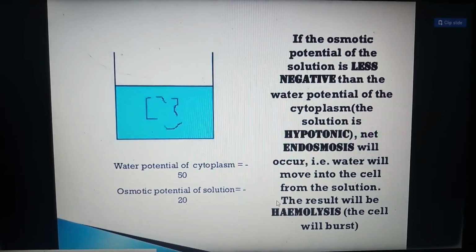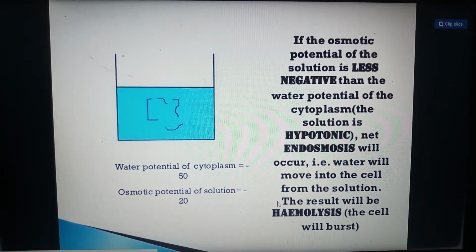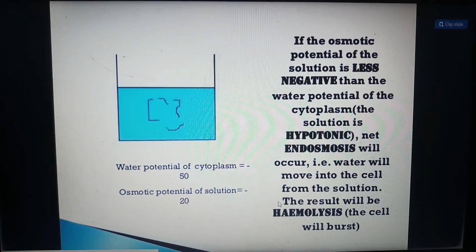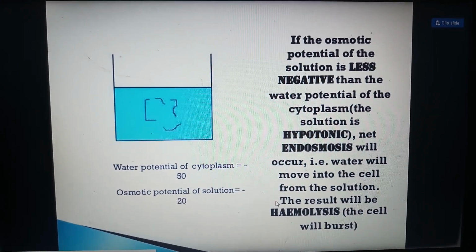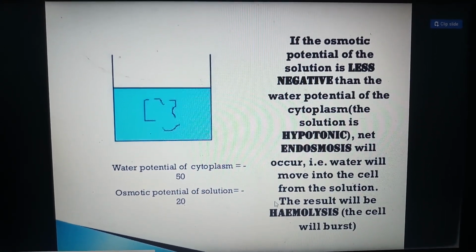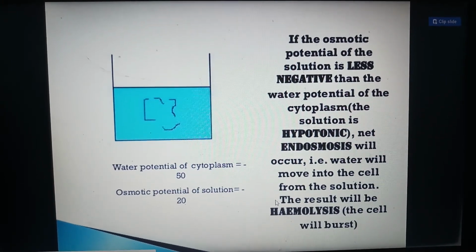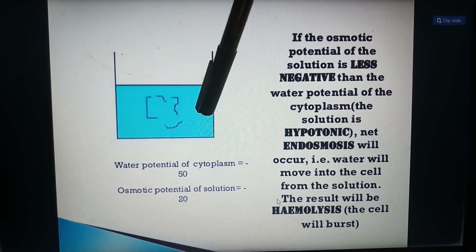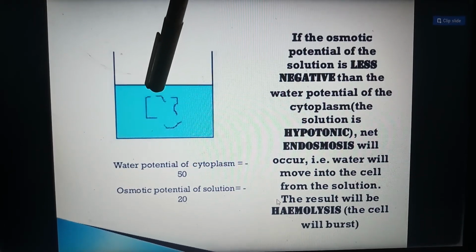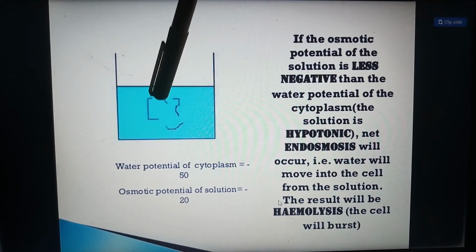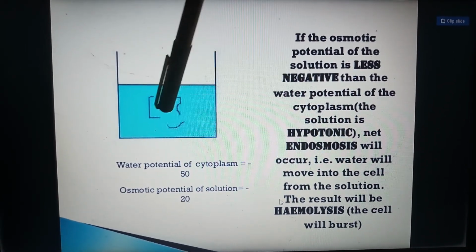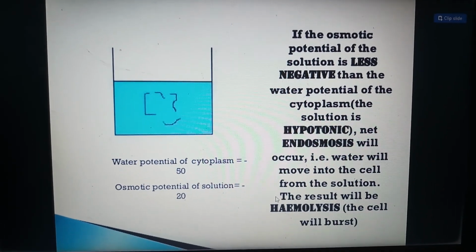So net endosmosis will occur, which means the water will move into the cell from the solution. The result will be hemolysis, which means the cell will burst. For example, when placed in a solution where the inside has less or more negative potential than the outside, water will enter the cell and the cell will burst.